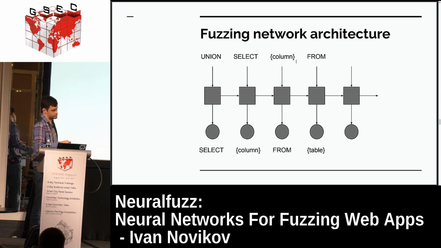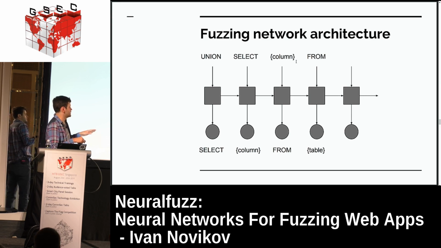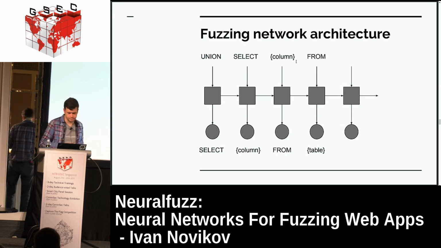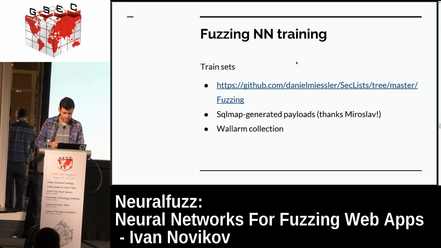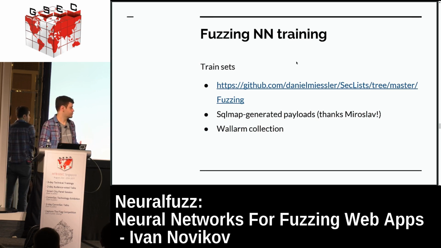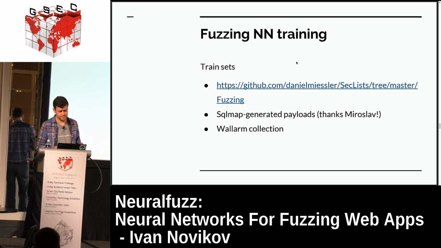For example, to store inside the neural network that the SELECT token should go after UNION, and some kind of column token should go after SELECT, then we should have the FROM token and the table token, all these things. And now we should understand from where we should download these training sets.